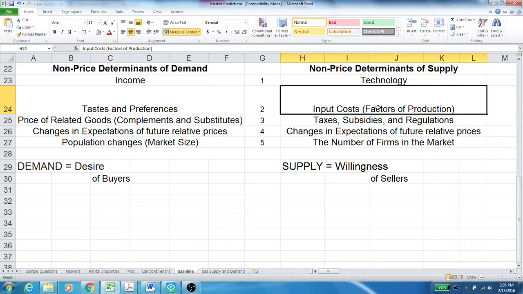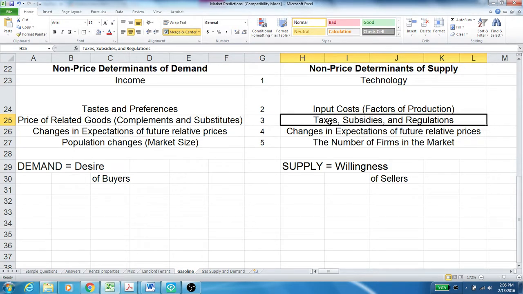A higher cost of input is going to decrease supply, and less expensive inputs will cause an increase in supply. An increase in taxes will cause a shift in supply depending on how that tax is set up. Subsidies that the government gives to producers for providing certain goods and services to a market can cause a shift to the right.